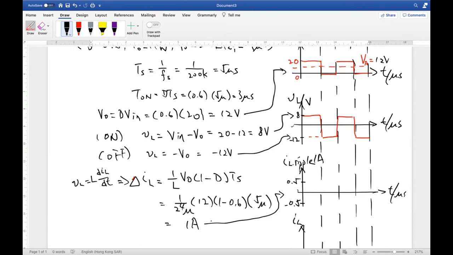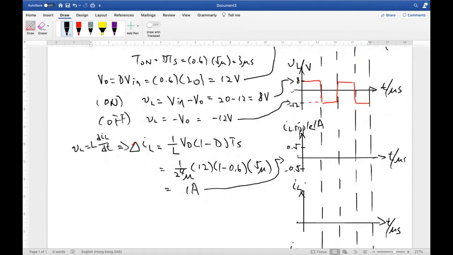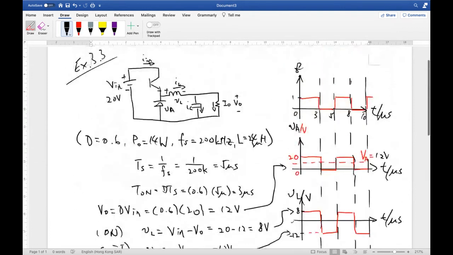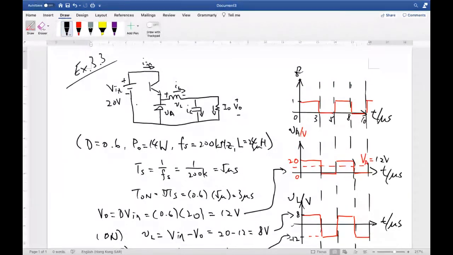such that the peak to peak value is equal to 1 ampere. Okay, and then the next thing we need to do is to determine if it goes up or goes down during the on state. So we just need to look at the topology. During the on state, it is completely on, and so the input current can keep flowing into the inductor.